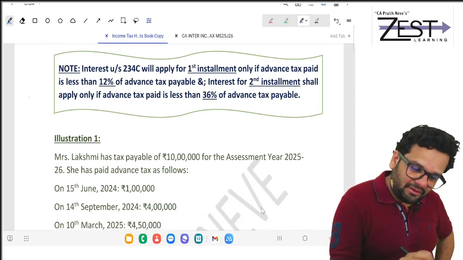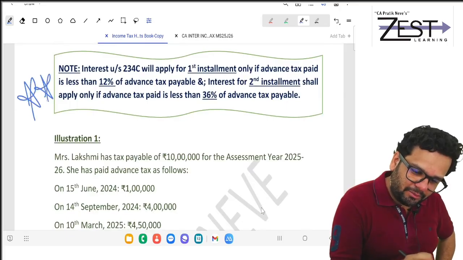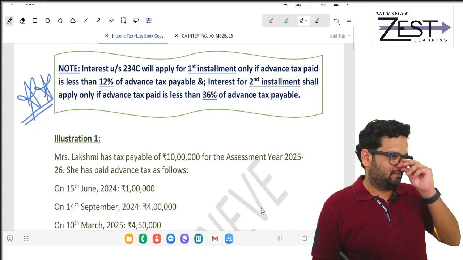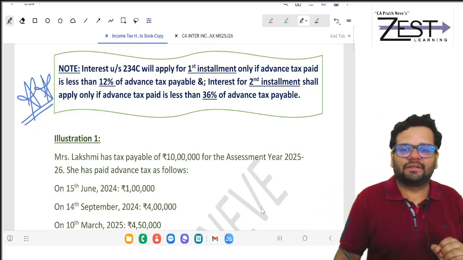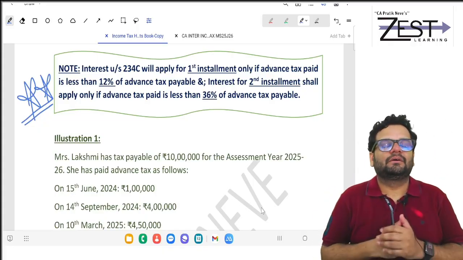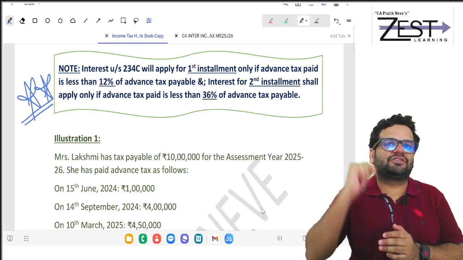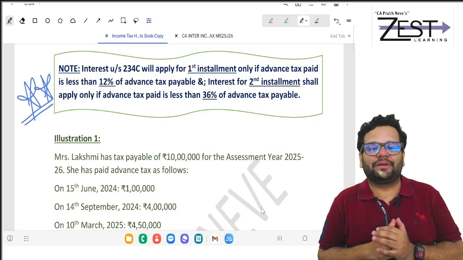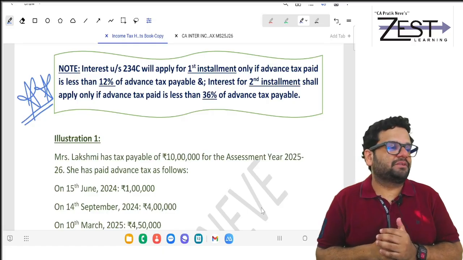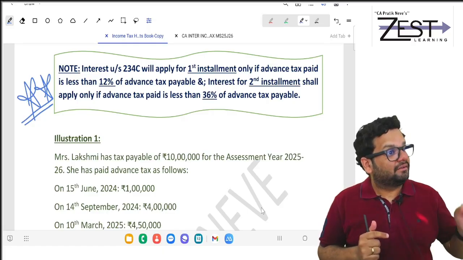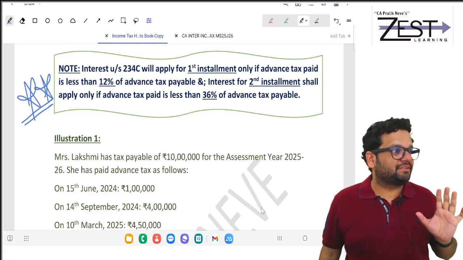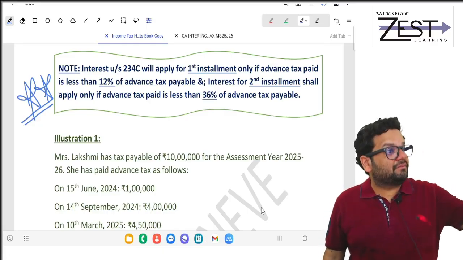This point is put to trouble you. Listen carefully. In the first installment, how much did you have to pay? 15% of total tax.